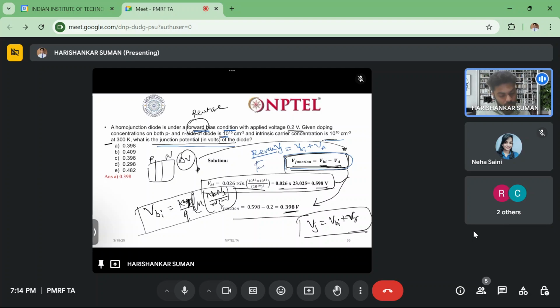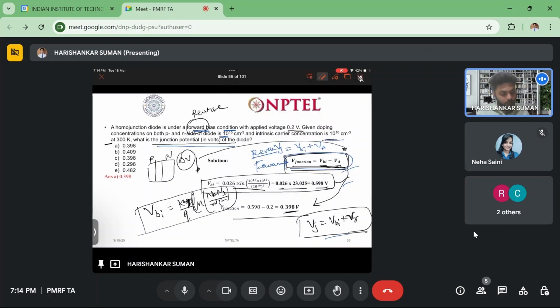This is for forward. Okay, so values are given, you can put them and solve this equation, and you will get the correct answer.